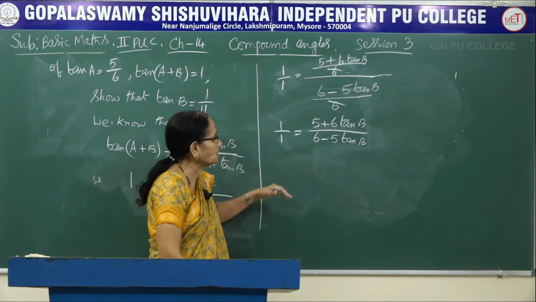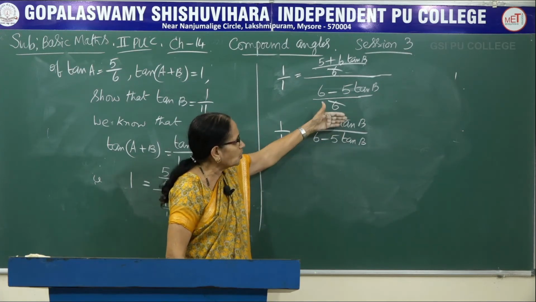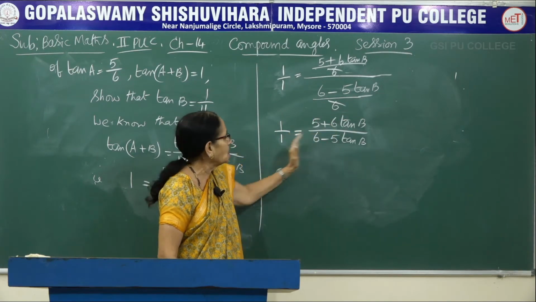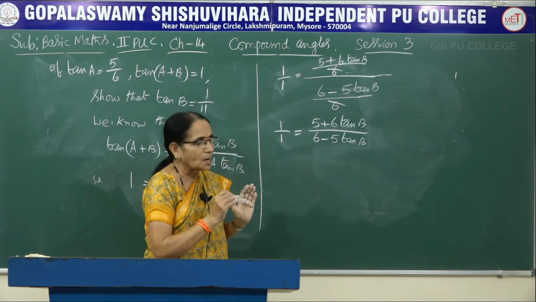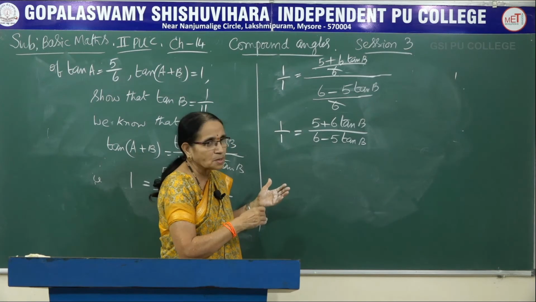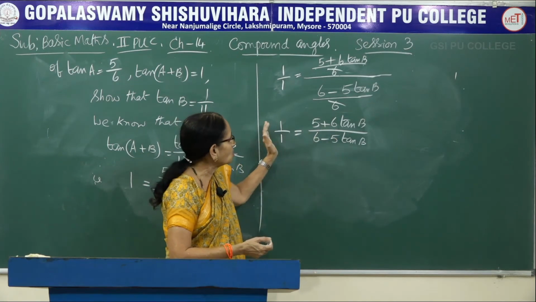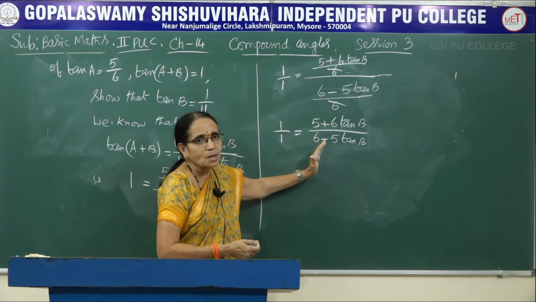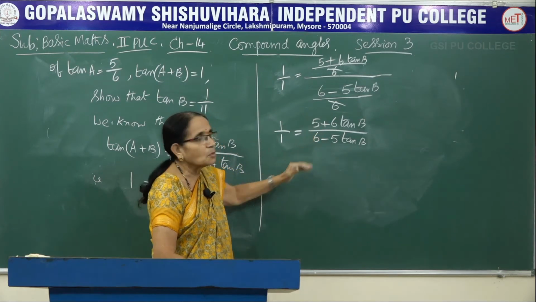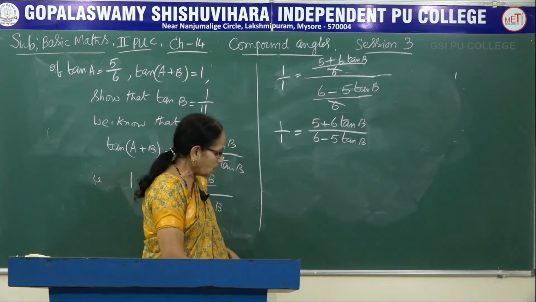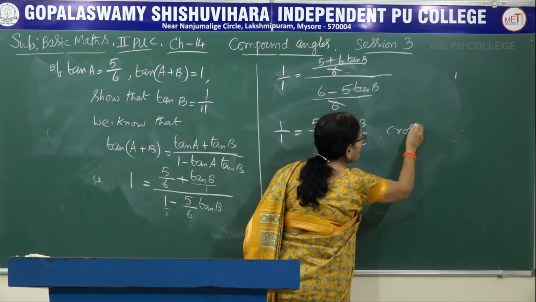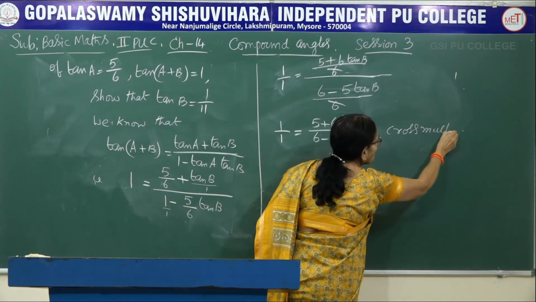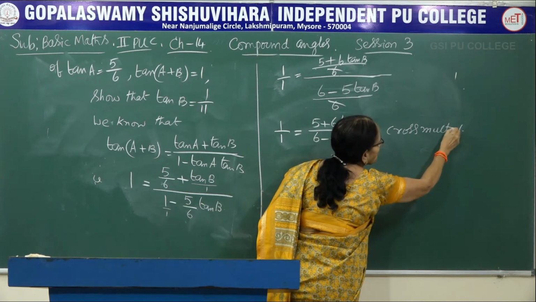Here also you observe tan B is present on both numerator and denominator. Left hand side is a known number. So we try to group the terms in such a way, taking unknown on one side and known on the other side. Take unknown to the left hand side and known to the right hand side. Then only you can get the value of the unknown quantity. For that, what's the procedure? You have to cross multiply.